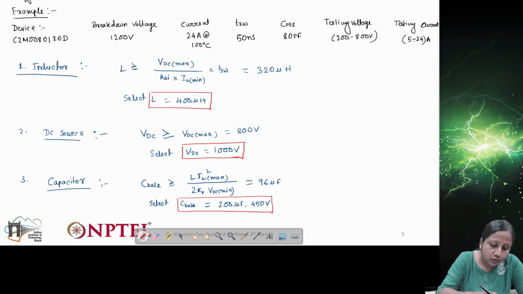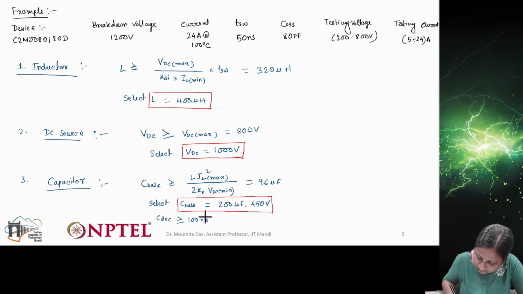Now another component is the decoupling capacitor, that is more than or equal to 100 times COSS. You can see here COSS is given as 80 picofarad.